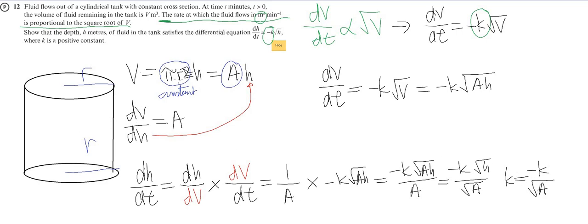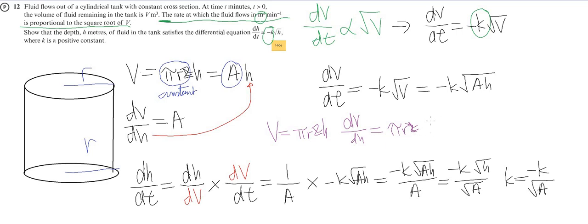Let's have a look at this. If we did the same thing with pi r squared rather than A, does it work? I'll do that in a different color. If V is equal to pi r squared H, then dV by dH is going to be pi r squared, because we're only differentiating with respect to H. So this is my constant, so it's the same.